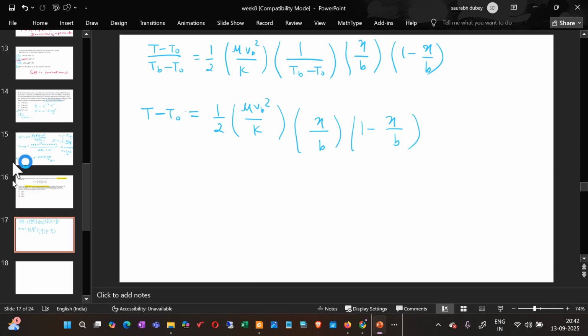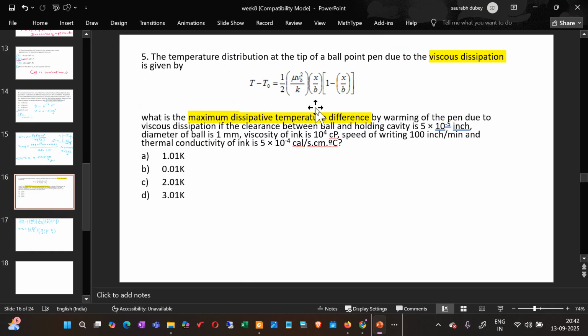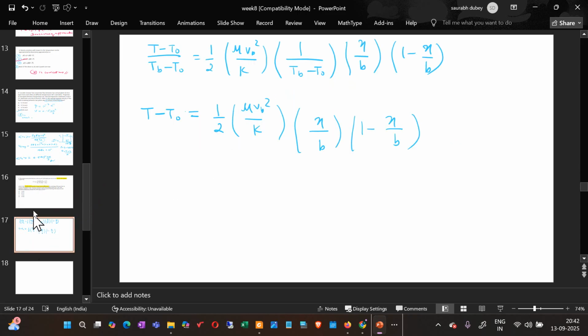It will be cancelled out, right? So both sides it is there, so it is coming up like this. So same expression we have written.